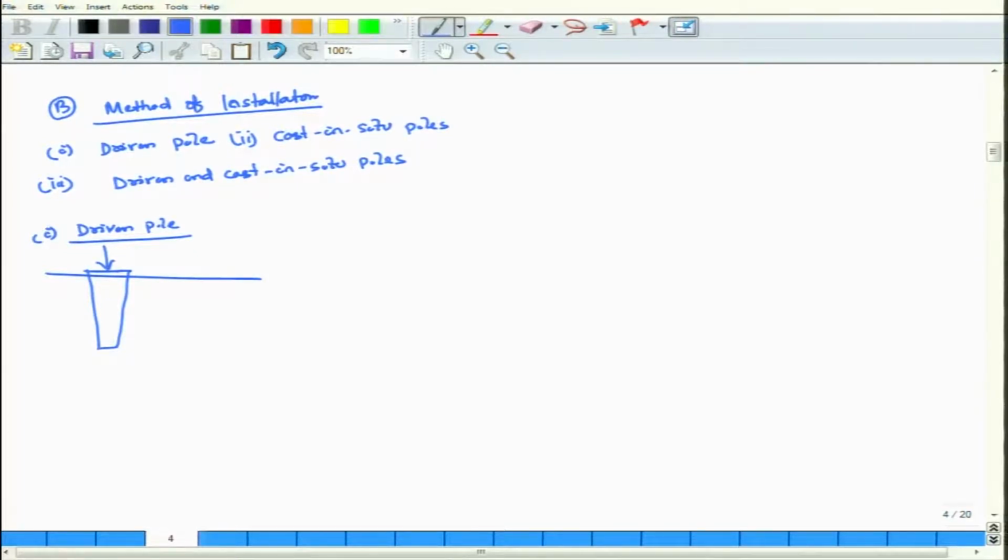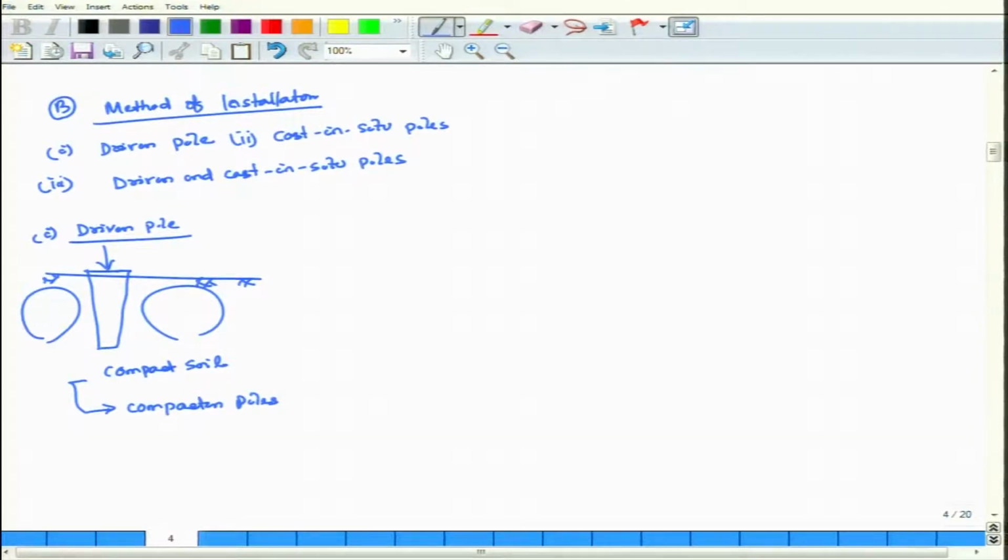Once it has been driven, the nearby soil gets disturbed. Primary aim of this driven pile, sometimes it is used to compact your soil. That is why it is called compaction piles.